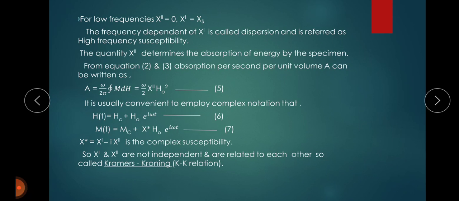Here the real term is χ' and the imaginary term is χ''. So χ' and χ'' are not independent, both are related to each other. So it is called the Kramers-Kronig or KK relations, because here χ' and χ'' are dependent on each other. That relation is known as the Kramers-Kronig relation.